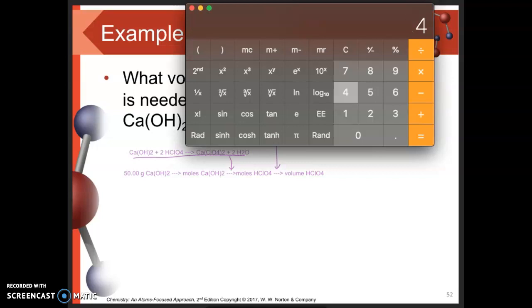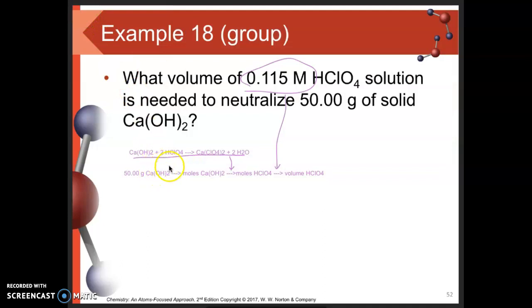Molar mass, 40.08 for calcium, plus 16 for oxygen, and there are 2 of them, and 1.01 for each hydrogen, and there are 2 of those. Total mass, 74.10 grams per mole for calcium hydroxide.